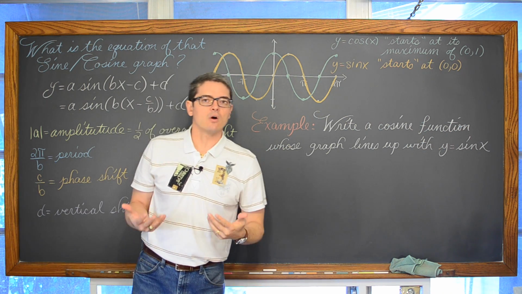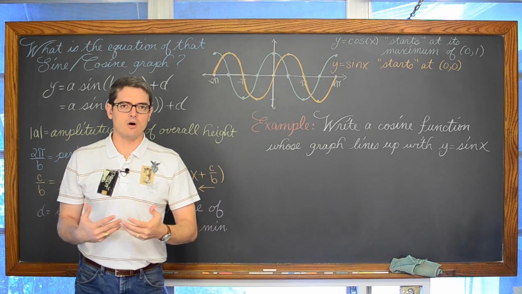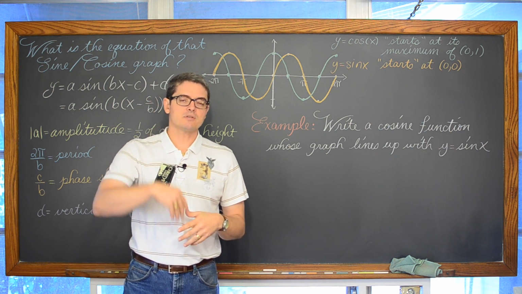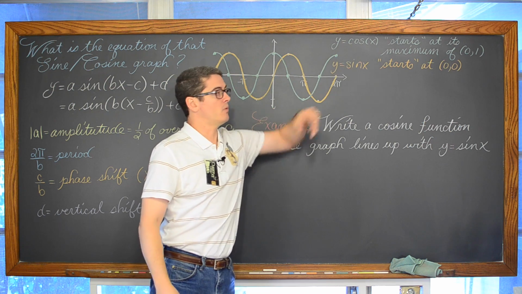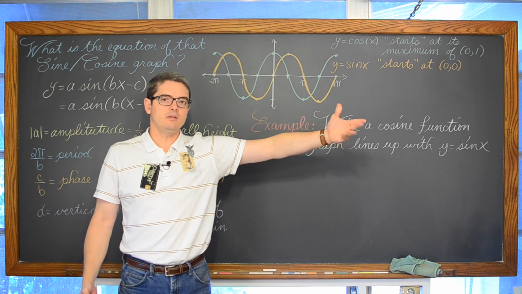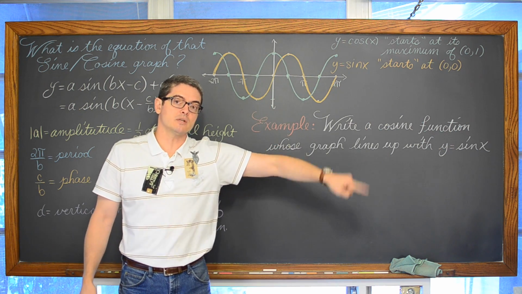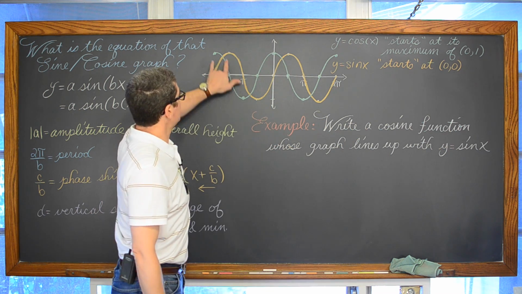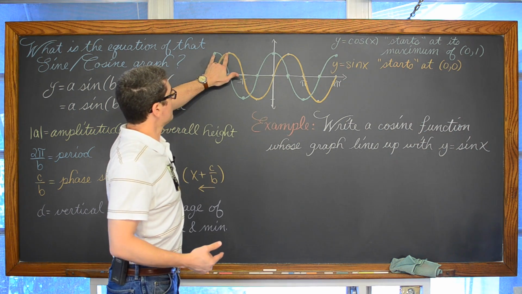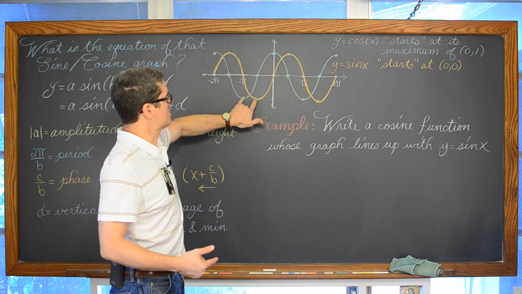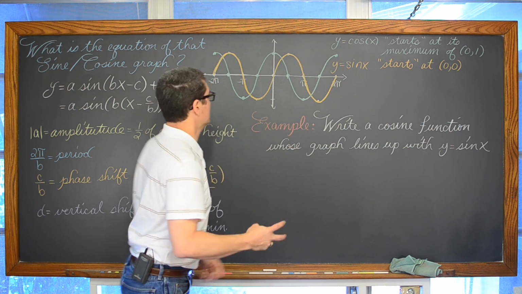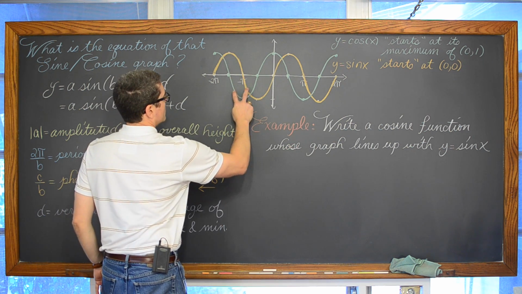Sine is y over r, cosine is x over r, so sine and cosine both have that same denominator of r, and the only difference is, for one the numerator is x, and for one the numerator is y. Those x and y values are coming from a unit circle that has the origin as its center. So when you look at that y over r and x over r ratio, ultimately you're really getting the exact same shape. It's just that they're shifted a little bit, and that phase shift is, well, let's see.